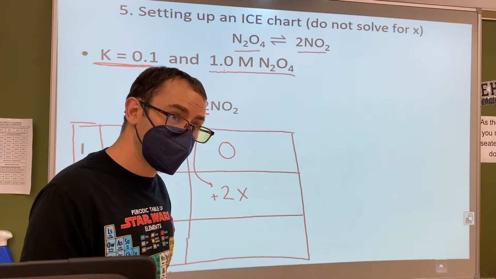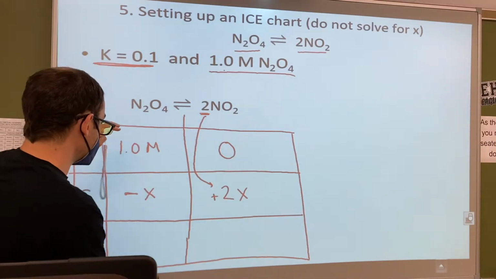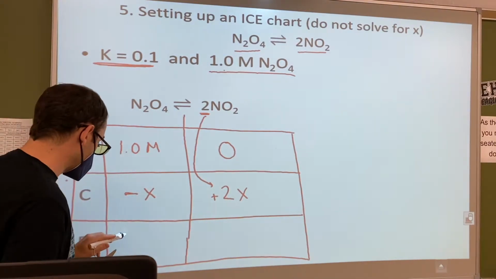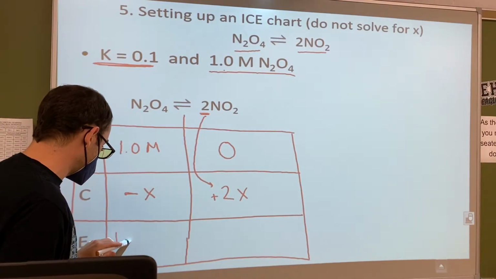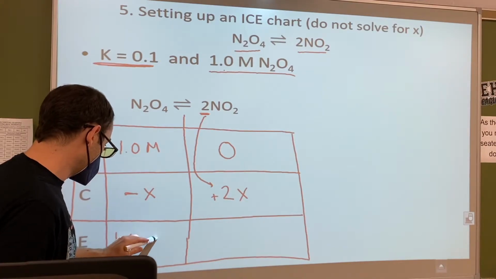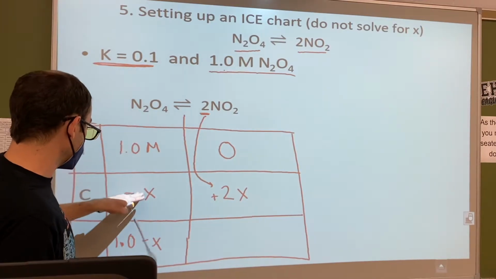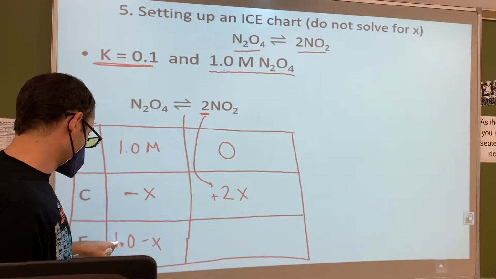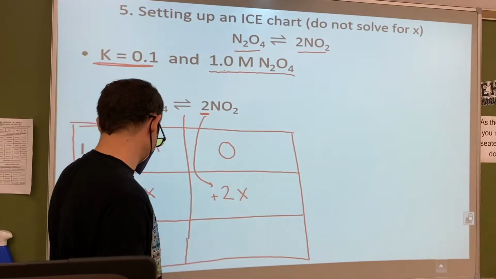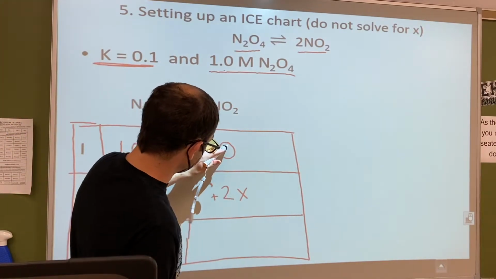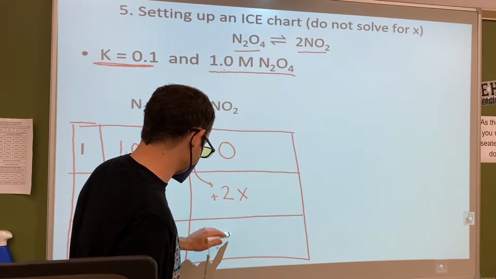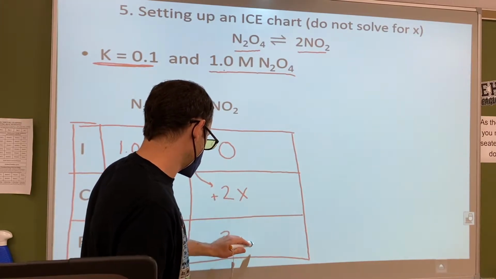And then the change in equilibrium is just combining your I and your C together. And since it's a variable, you don't have to really do any math. You just put 1.0 minus X, because you're combining I and C together. And then you have 0 plus 2X, that's just going to be 2X.